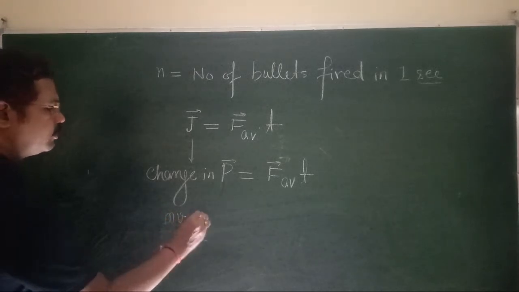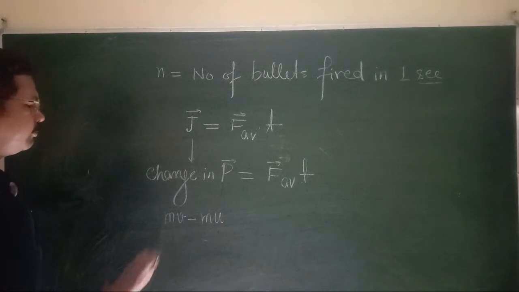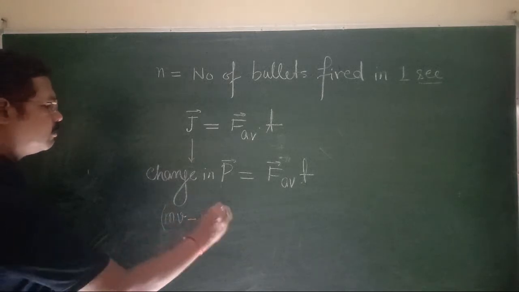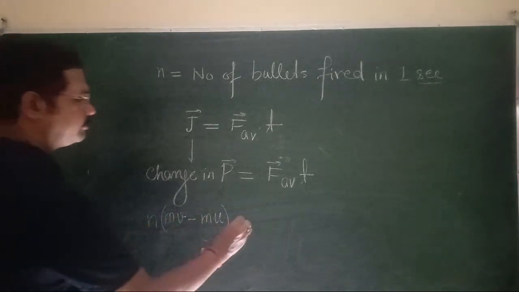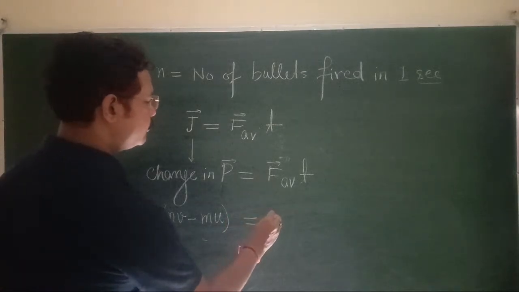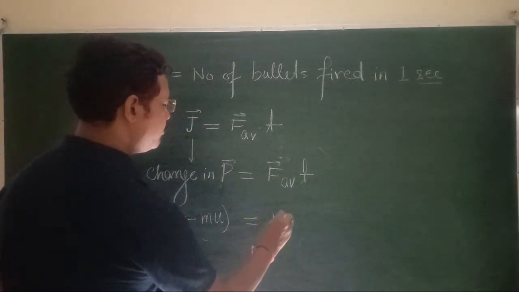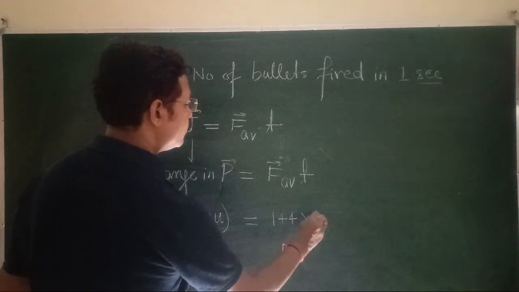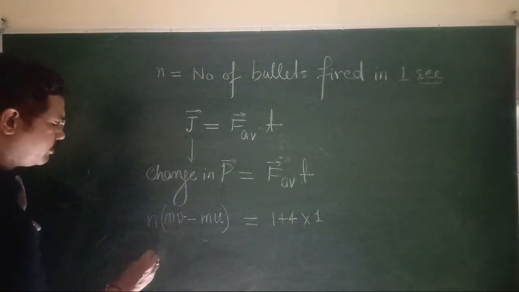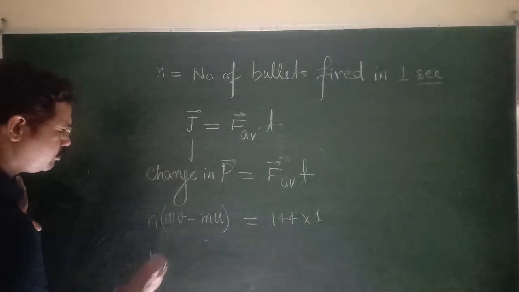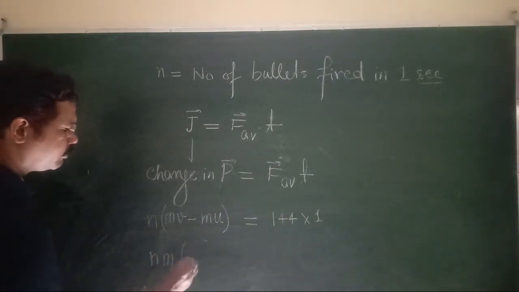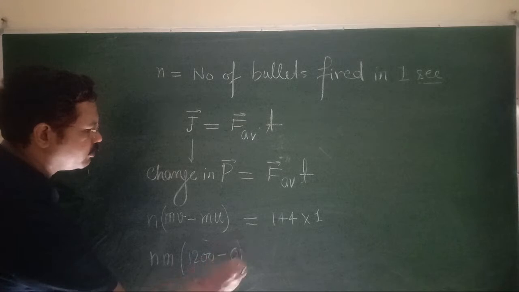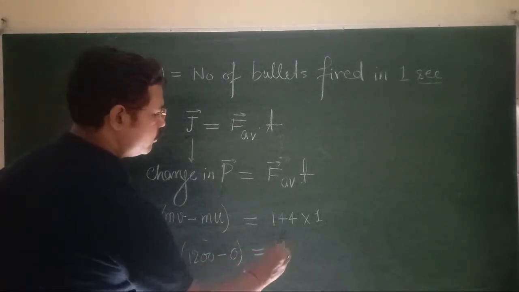Change in momentum is mv minus mu, and for n number of bullets multiply with n. This is equal to average force, which is 144 Newton, times time, 1 second. So n into mass is common. Final velocity is 1200 meter per second, initially 0, equal to 144.